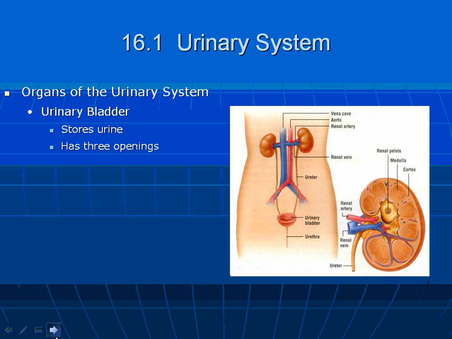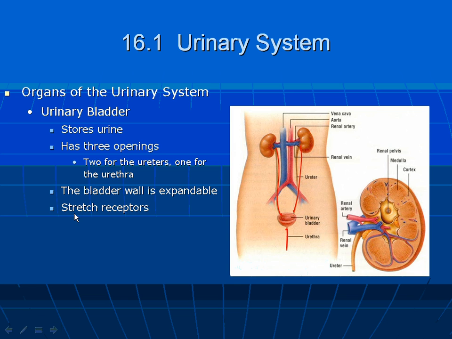The actual bladder is the next one we're going to be talking about. This one stores urine and it has three openings: two coming from the kidneys and the other one going to the urethra. It's expandable, which means it's able to hold some, and then if it gets full, it starts to stretch. That triggers stretch receptors that will give a nervous impulse back to the brain and tell you that you need to go to the bathroom.